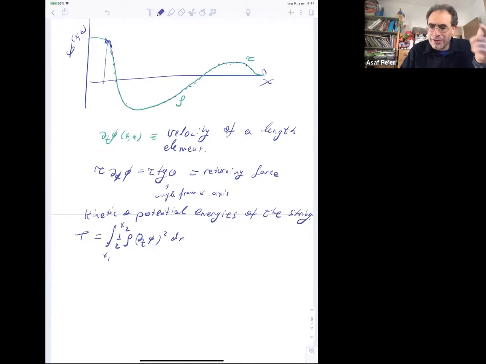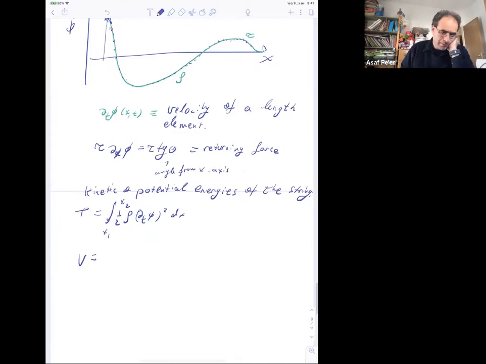It's just a continuation. If you think of it as n particles attached, and then you take the limit n goes to infinity, the sum becomes an integral. This is exactly what it is. It kind of helps you visualize it. And what will be the potential energy? Again, x1 to x2.